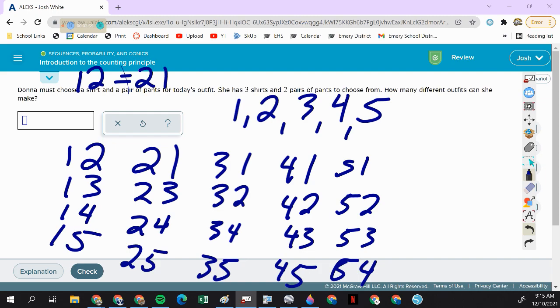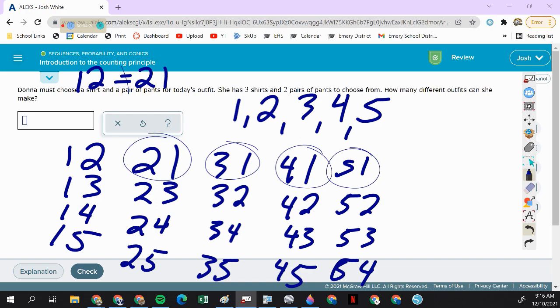If you have similar situations, so if you have 5 things and you're picking a group of 2, order matters will always have more than order doesn't matter. So a lot of these are duplicates. 2 1 is a duplicate, right? 3 1 is a duplicate. 4 1 would be a duplicate if the order didn't matter. Okay.